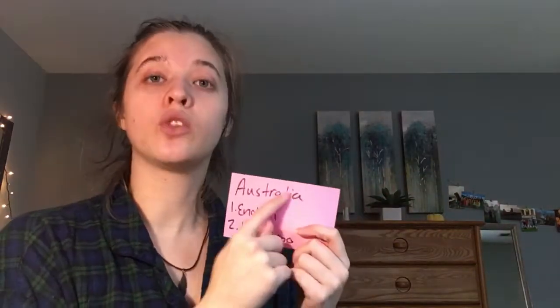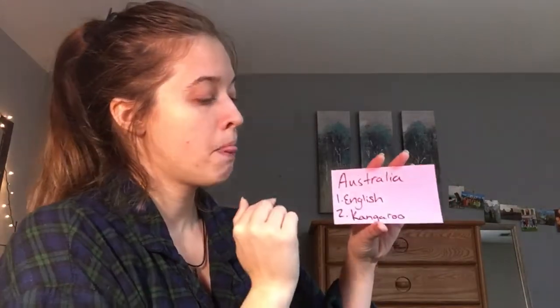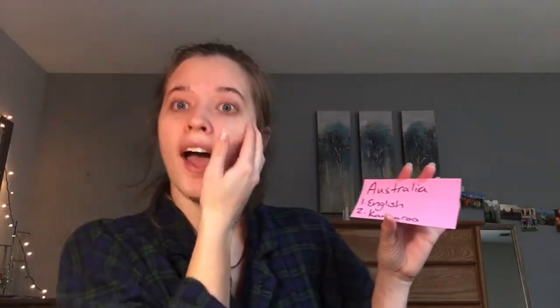And later on your quiz, on your map, your worksheet that you're going to do later, you're going to be writing out and making sure you're choosing the right continent and writing Australia or whatever other continent in it, and then you're going to be writing a random fact. So I've written out 2 facts, so you can choose one of these, or there will be more in the video, but these are just examples.